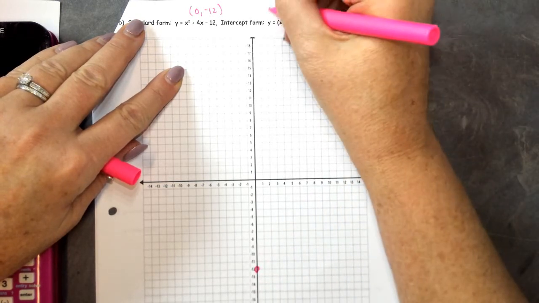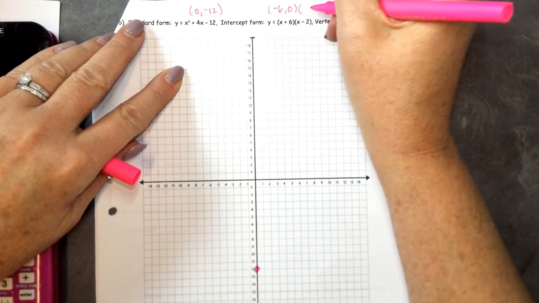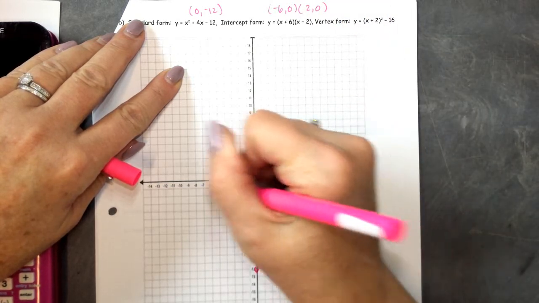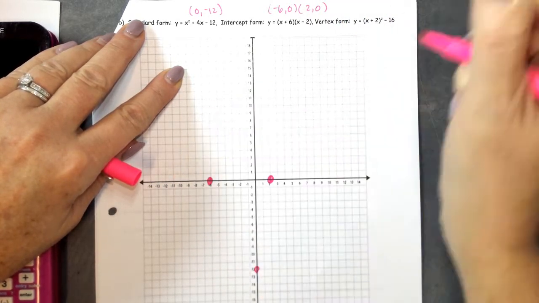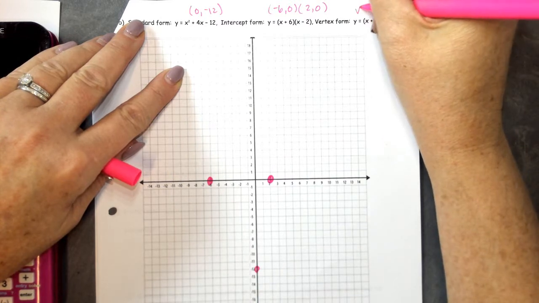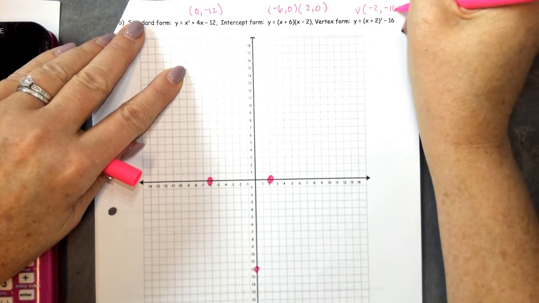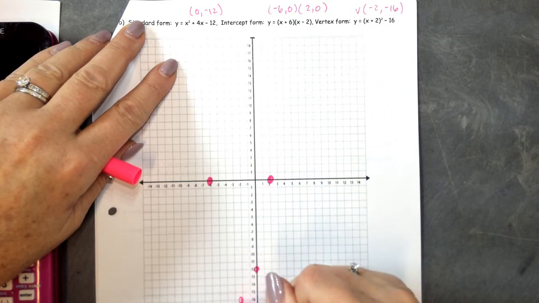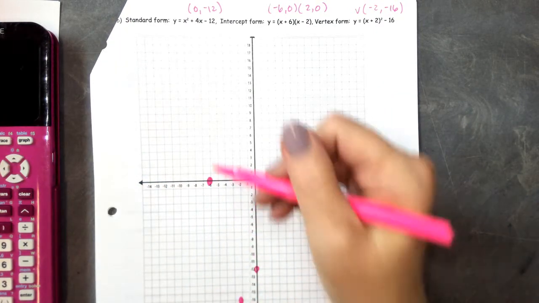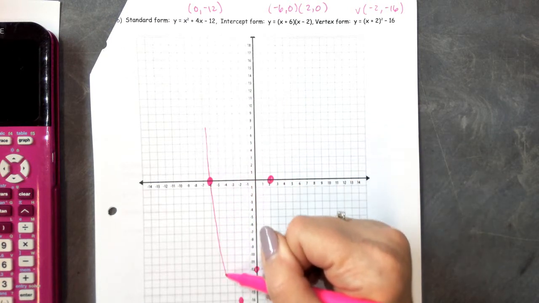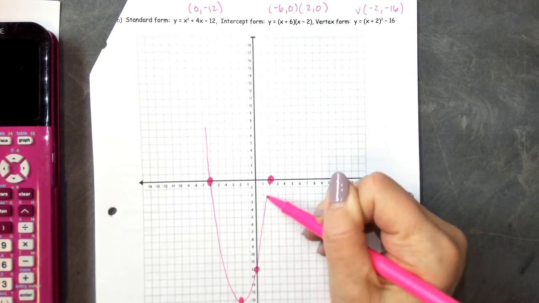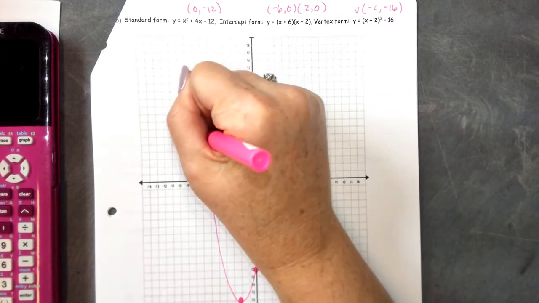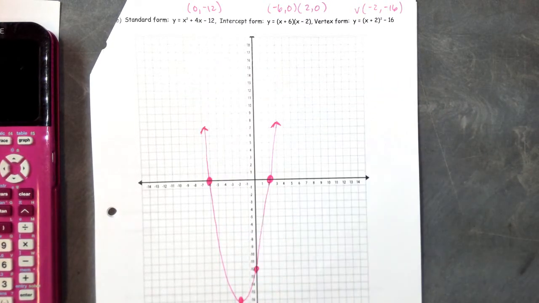I can get the x-intercepts from intercept form, negative 6, 0, and 2, 0. And then the vertex form, I can easily get the vertex, negative 2, negative 16. Now it fits. Remember, it's a U shape, so don't make it a V shape.